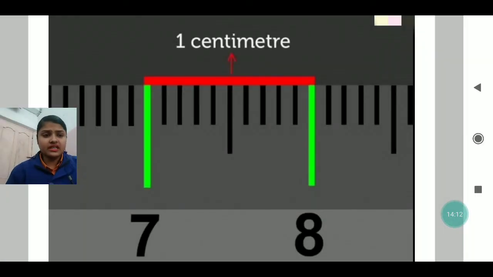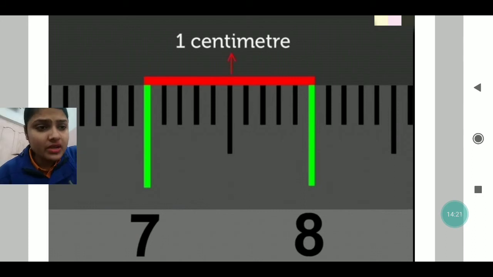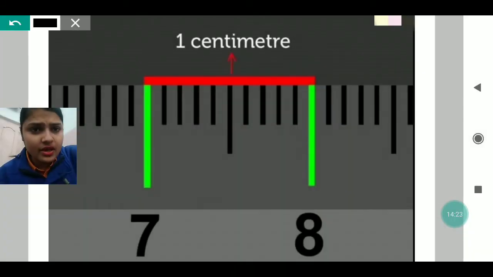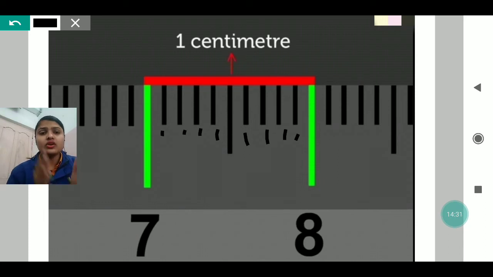This you can see here in this ruler. From 7 to 8, you can see how many divisions are there. Here you can see 1, 2, 3, 4, then it is 5, then 1, 2, 3, 4. Means 10 divisions are there. Total 10 divisions in a scale from 7 to 8 make 1 centimeter.